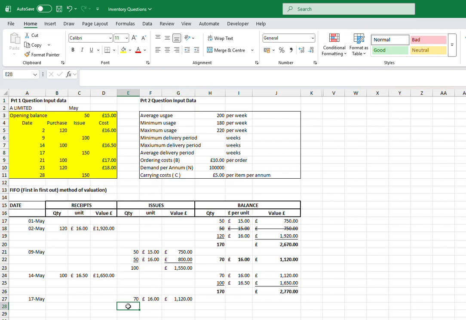What we've got left then, because we want 150, is that we need to take 80 of the £16.50. Add the two together.